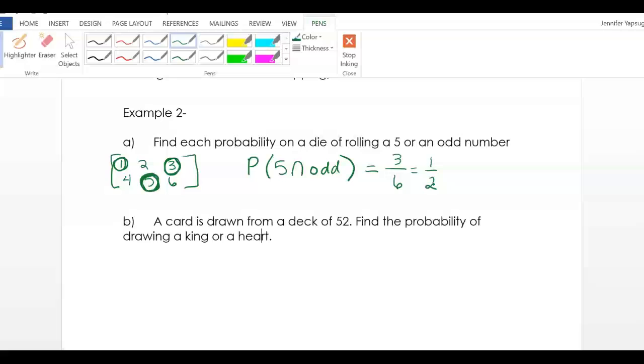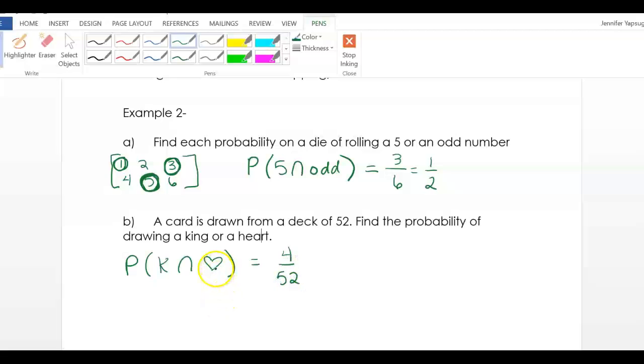Okay, so in part B, a card is drawn from a deck of 52. So in a standard deck of cards, there's 52 cards. Find the probability of drawing a king or a heart. So in my probability of doing this, I know that I have 4 kings in a deck of cards, right? So that would be 4 out of 52.